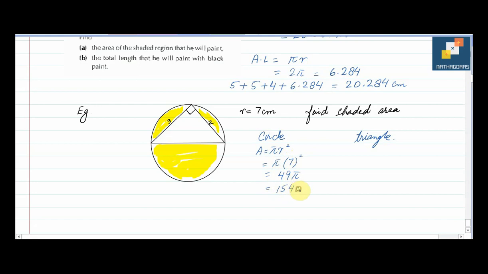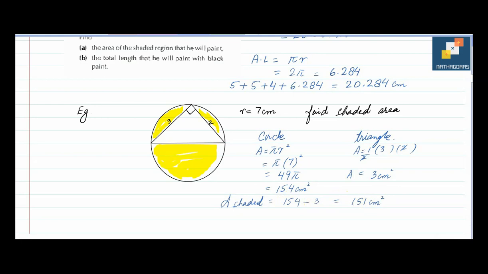So area of the whole circle is 154 centimeter square. Now area of a triangle is 1 upon 2 base multiplied by height. Now base is 3 and height is 2. Now 2 and 2 cancel each other, so area of the triangle is 3 centimeter square. Now the shaded area is basically area of the circle, that is 154, minus area of the triangle, 3, which is equal to 151 centimeter square.